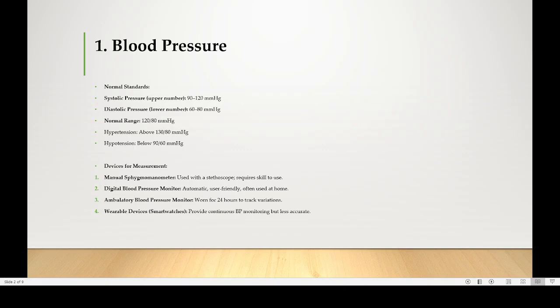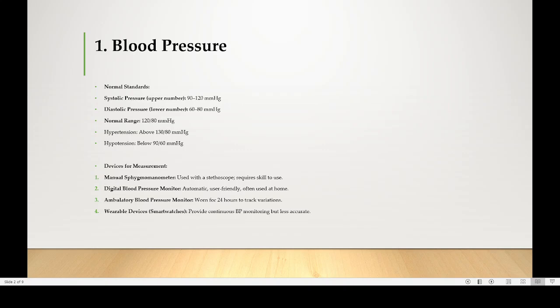If the blood pressure increases above 120, we call it high blood pressure or hypertension. Normally the range between 120 to 140 is considered a warning sign, and above 140 we have to take medicine. That is how blood pressure is normally assessed.